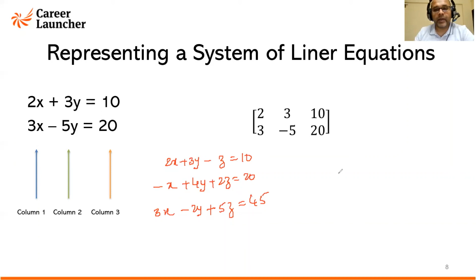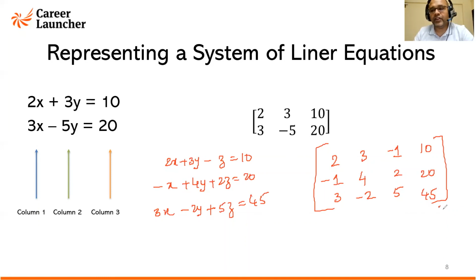So I will get my matrix as 2, minus 1, 3 as the first column, 3, 4, minus 2 as the second column, minus 1, 2, 5 as the third column, and 10, 20, 45 as the fourth column. Please make sure that the sign is taken care of. So you will get a matrix which has 3 rows and 4 columns. This is how you create a matrix from a given system of linear equations.